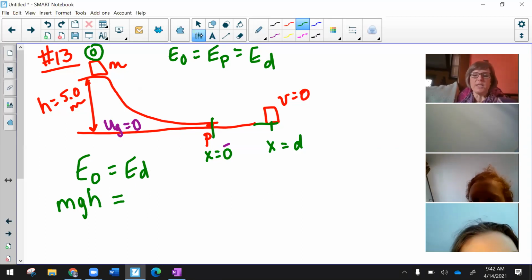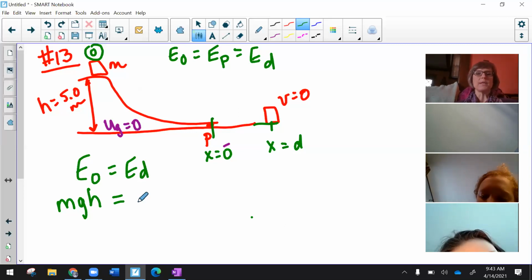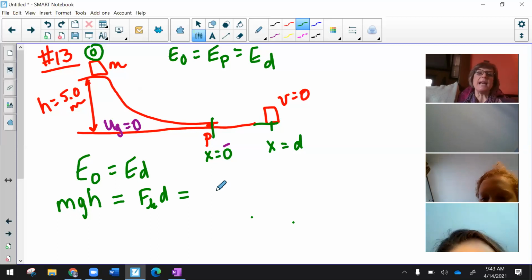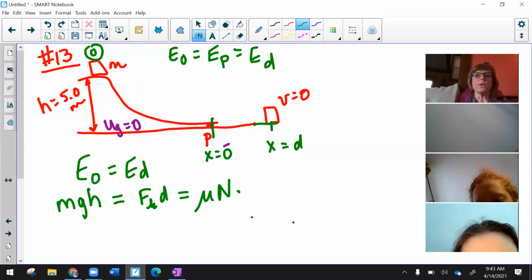And thermal energy is the work done by friction. So the work done by friction is going to be the friction force times the distance that that friction force acts over. And I know that the friction force is always mu times the normal force.